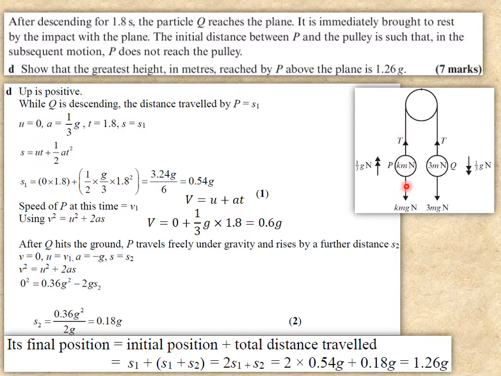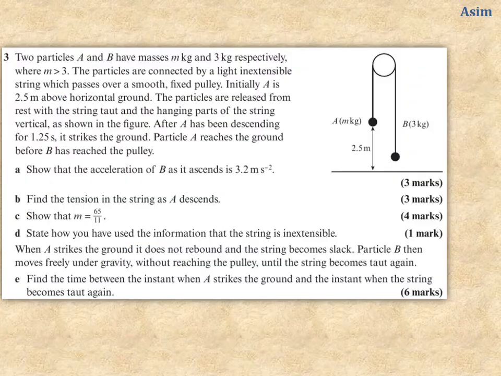One is this distance which it is already above the ground, then it will go the same distance up, so it is double that plus that 0.18. So it is double of this plus 0.18, and hence we proved that it is 1.26 G. And that is why this question was 7 marks and it is worth it. That's it. We'll take the next question now.